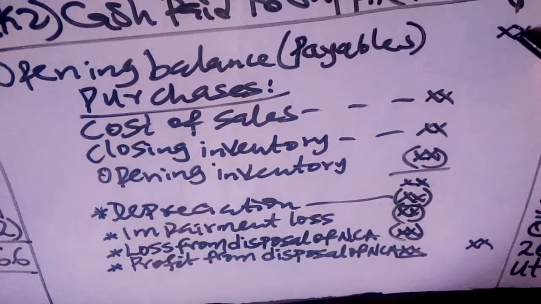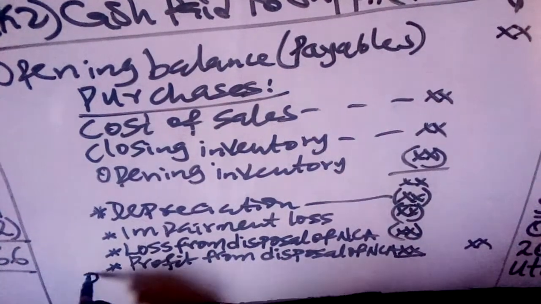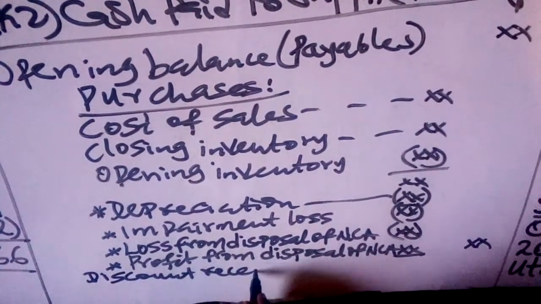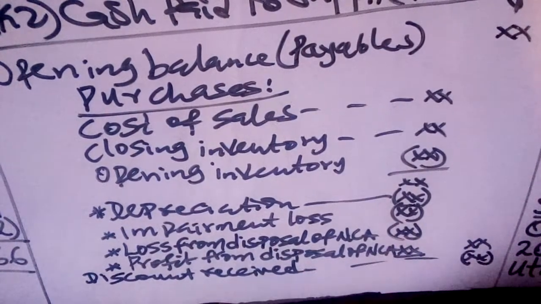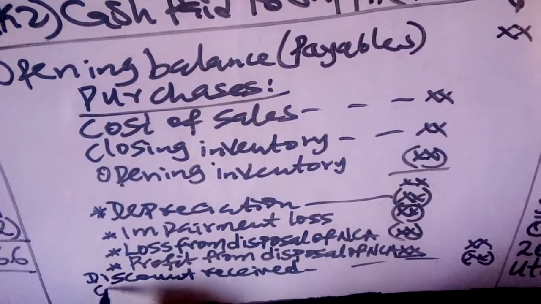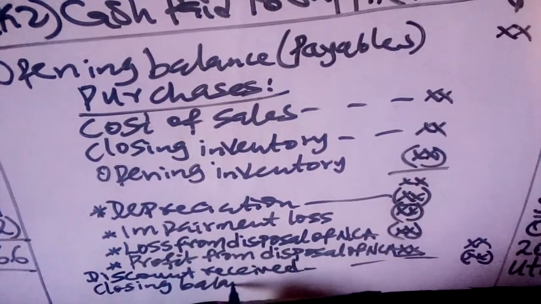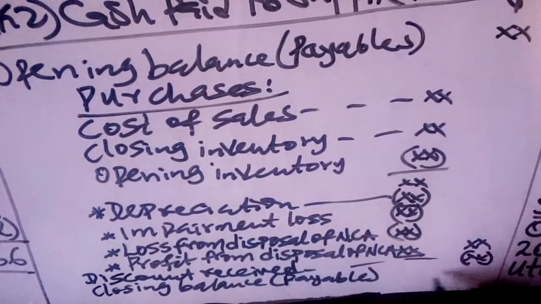Remember your payables, then your purchases, and if you have discount received in the question, discount received. When you receive discount from the supplier, that means the amount you are owing the suppliers will reduce. Then as usual, you remove your closing balance, which is the closing balance of the trade or account payables.